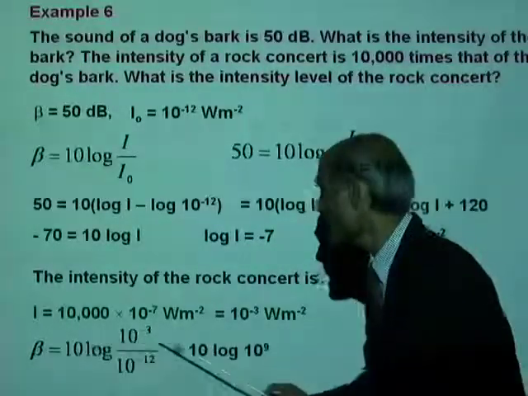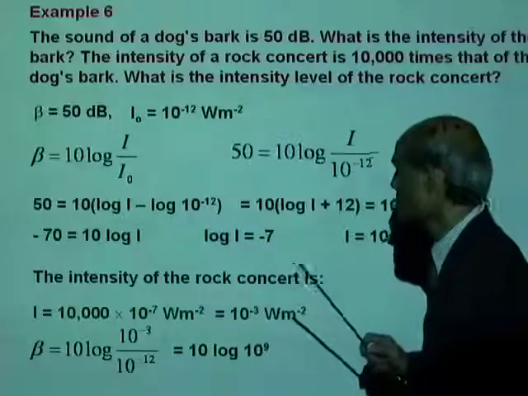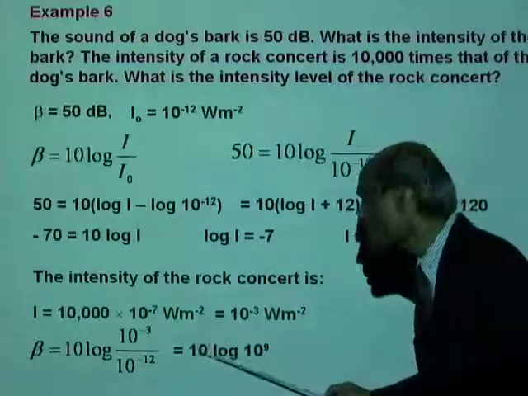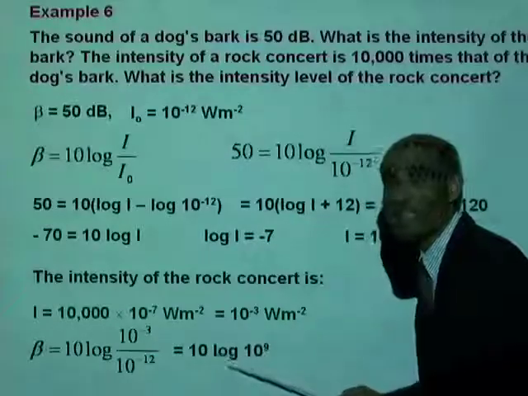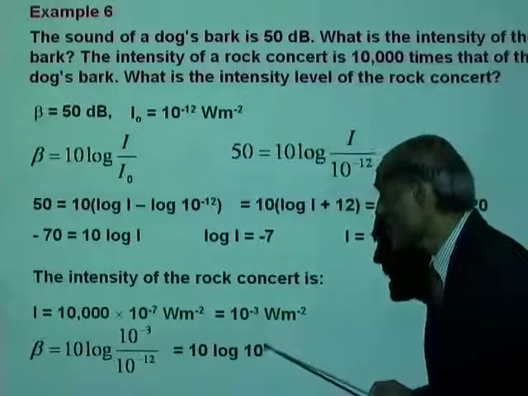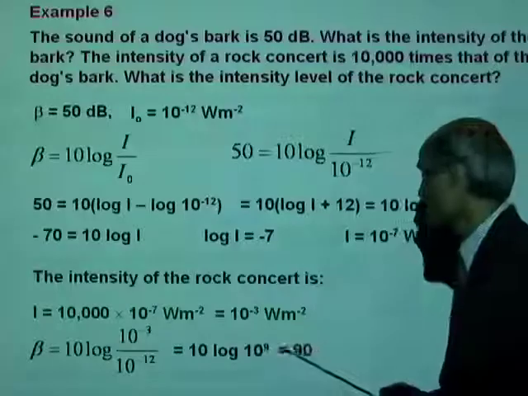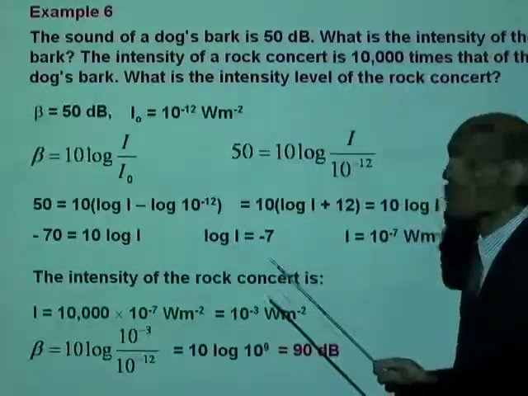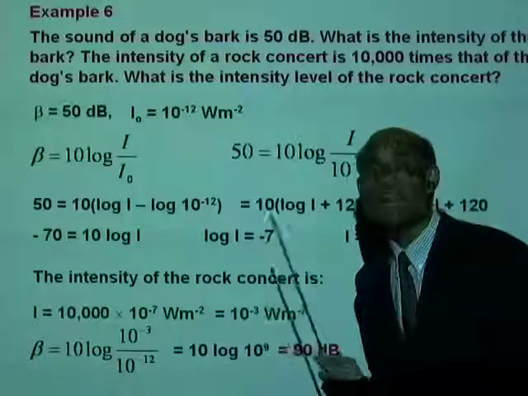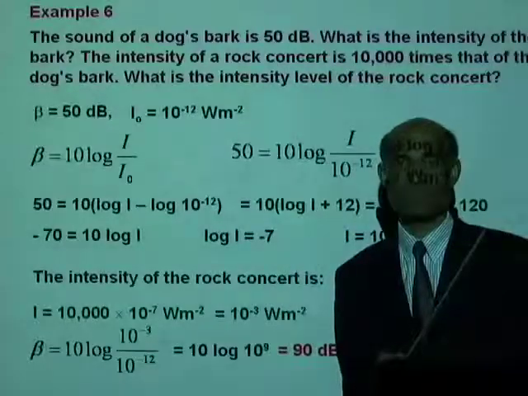So this will be 10 log 10 to the power of 9. What is log 10 to the power of 9? Log 10 to the power of 9 is 9. So this is equal to 90. The intensity level of the rock concert is 90 decibels.